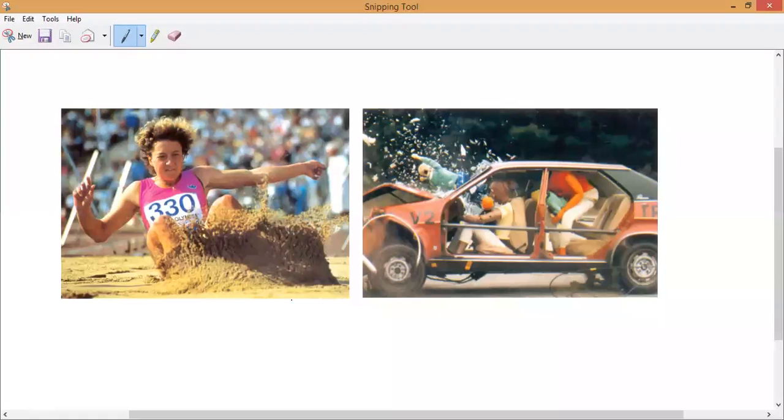Now all of you observe the picture given in our textbook very carefully. See what it says.